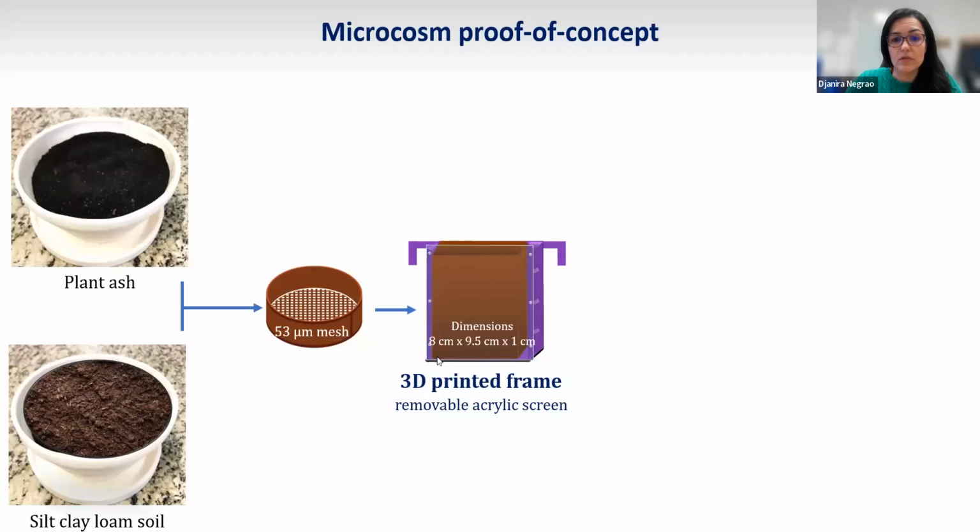We can remove this part here, and then we can see the roots and sample in these dimensions. We printed these frames here at K-State. That's why they're also purple.